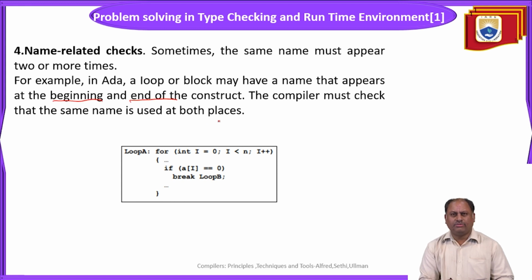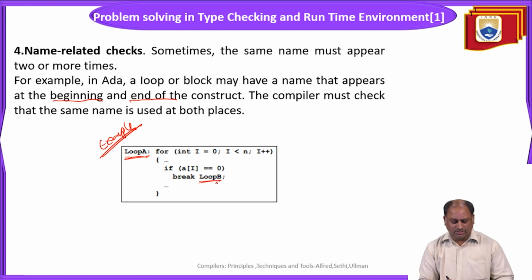We give some names at the beginning of constructs. In this example, a loop is mentioned at the beginning of the construct, and at the end of the construct also we observe a loop. We verify whether the names are the same or not.